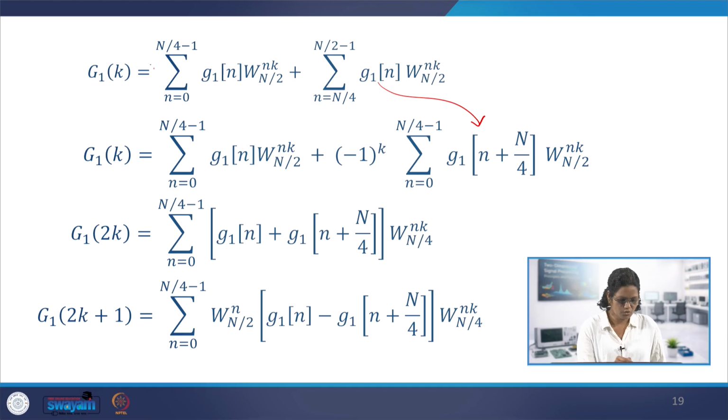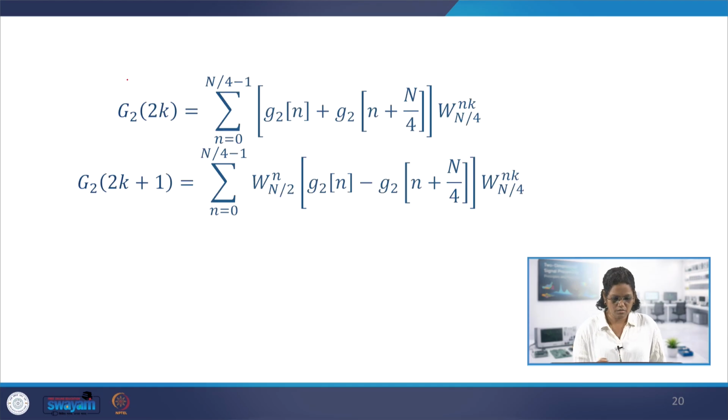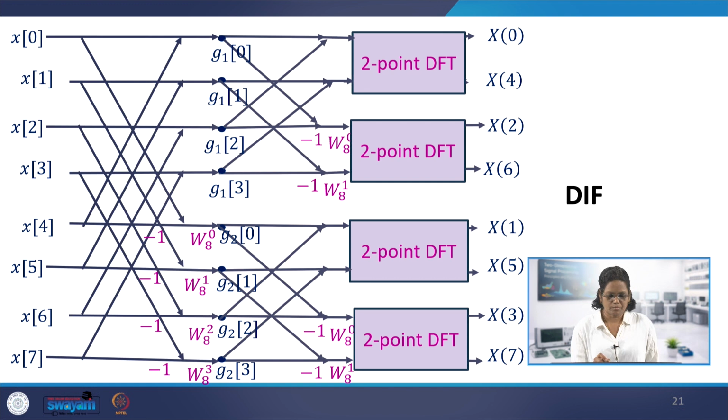The same thing should be done for G2 as well. G2 is just a change in sequence of G1 and G2 only. So G2 has this W n by 2, like the one we had in the x2 case. Now coming to the total x0, x1, you can see the splitting of sequences where 0, 1, 2, 3, 4, 5, 6 are in the order.